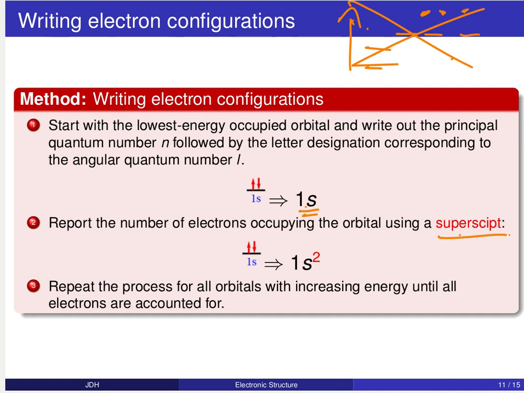We're going to repeat this process until we've identified the orbital in which each of the electrons for a given atom or element resides. So we're going to have a long list of all these orbitals with the corresponding number of electrons occupying each one of those orbitals.